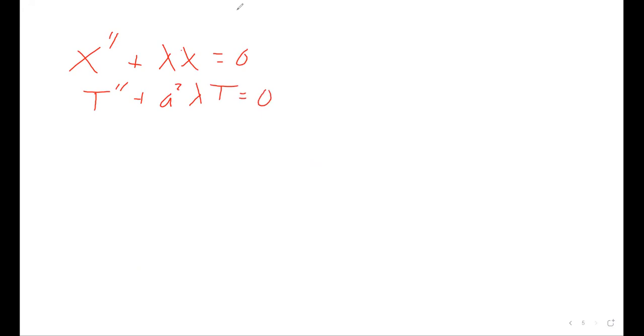And with our initial conditions and our boundary conditions, we get those. And our results are going to be very similar to what we had with our heat conduction.